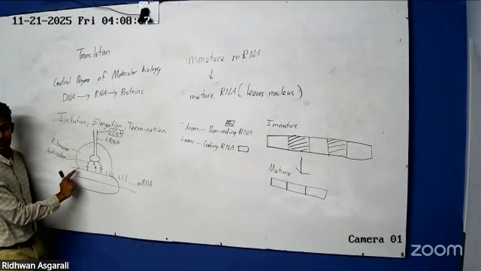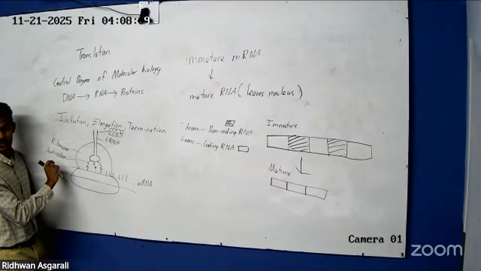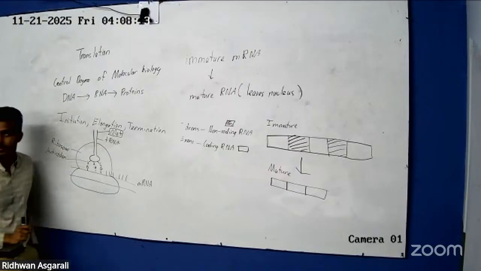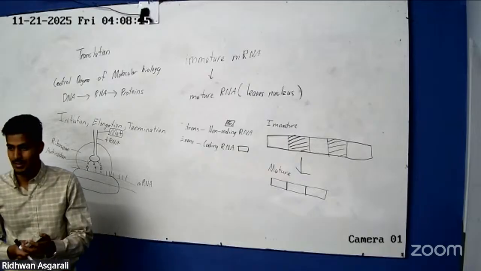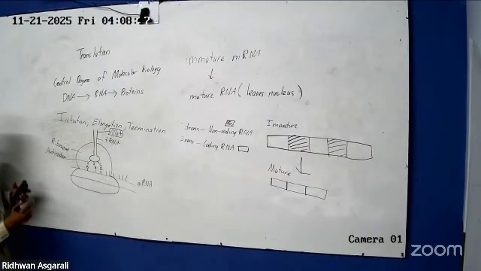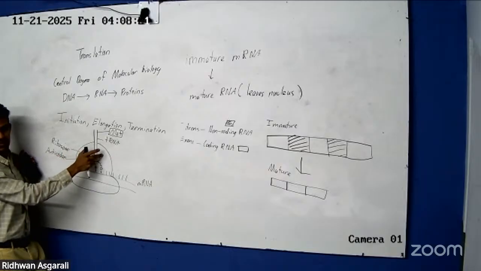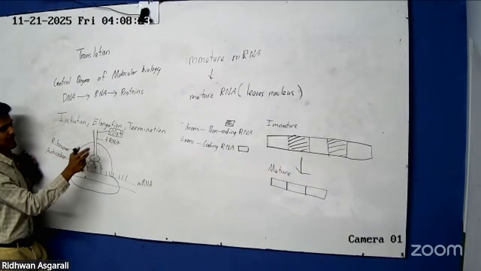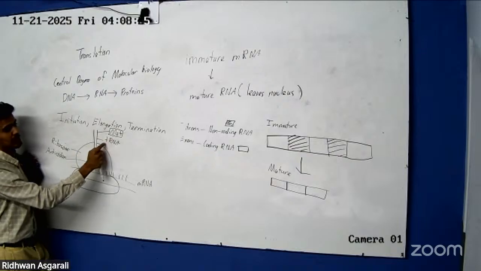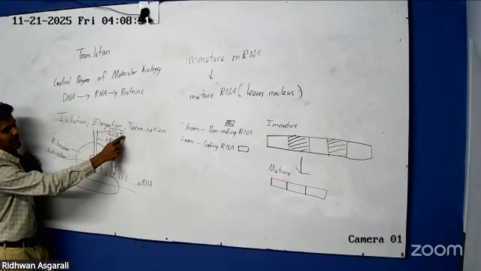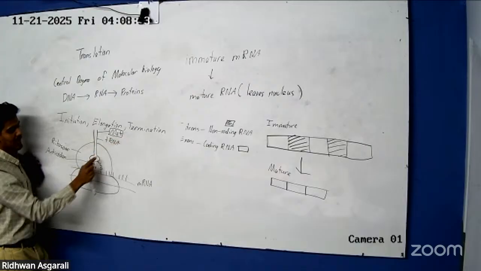Okay? Anybody confused? Let me go over what's going on here. We have our ribosome in the cytoplasm. In the cytoplasm, we also have tRNA molecules. Each individual tRNA molecule has an amino acid attached to it and an anticodon.